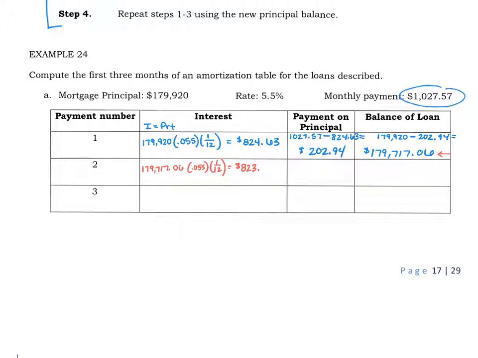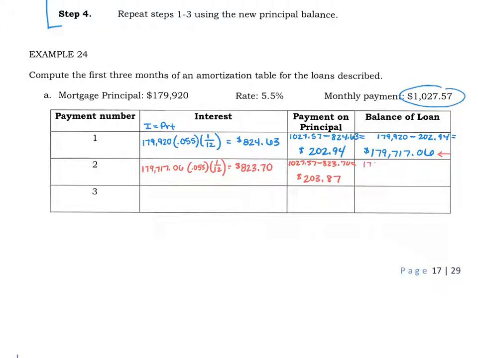Now your interest is $823.70, which means your payment on principal is going up a little bit, so more gets to go toward paying down your debt. So this time we'll subtract $823.70 from your total that you paid. And so on month two, $203.87 goes toward paying off the balance of your loan.